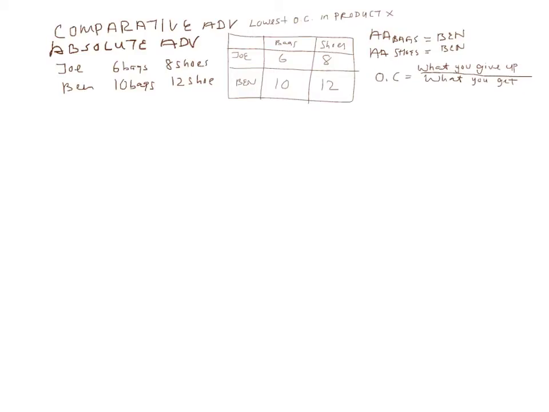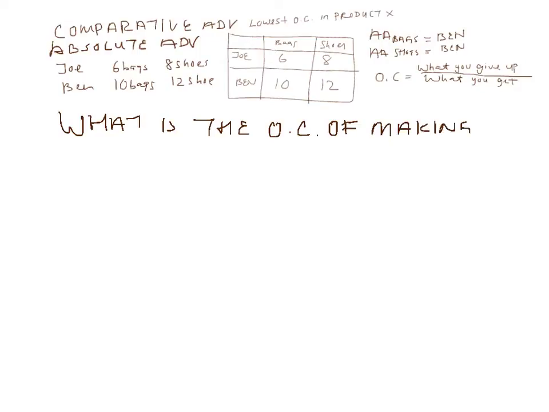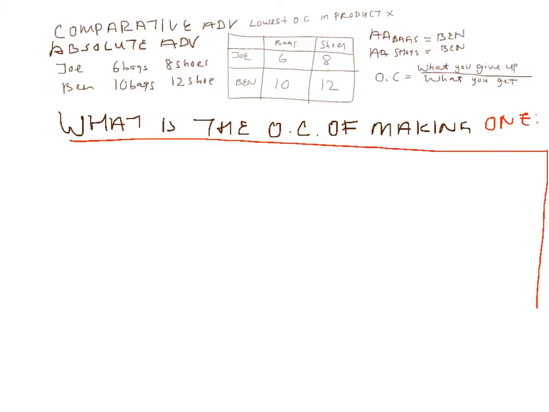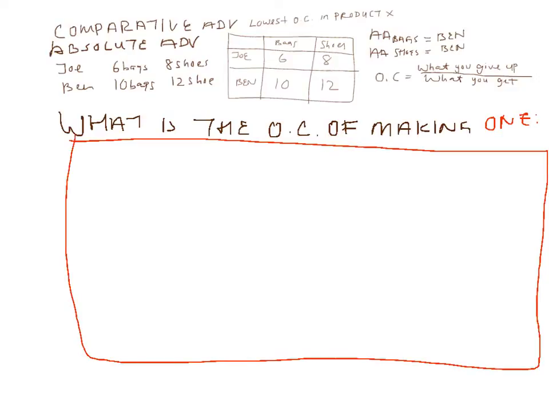We simply draw up a table that is asking the question, what is the opportunity cost of making 1 pair of shoes, 1 bag, for Joe and Ben.